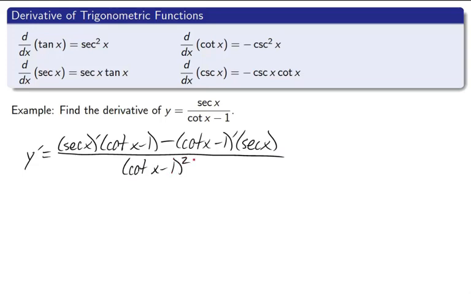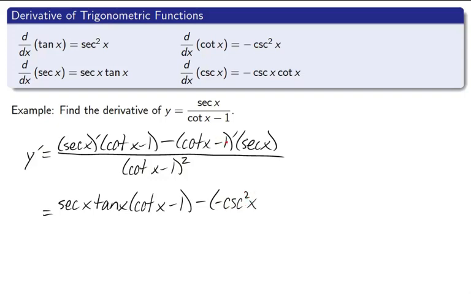This is a little bit messy looking, but let's just follow the derivative rules and leave it alone. The derivative of secant x is right here. Secant x tangent x times cotangent x minus 1. The derivative of cotangent x is negative cosecant squared x.